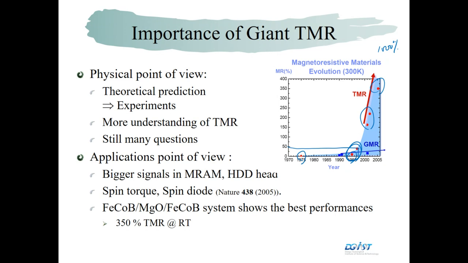And the funny thing is, this can be achieved with an MgO layer. We call this the MgO TMR, or huge TMR, or giant TMR, because it is much larger than the other TMR systems.